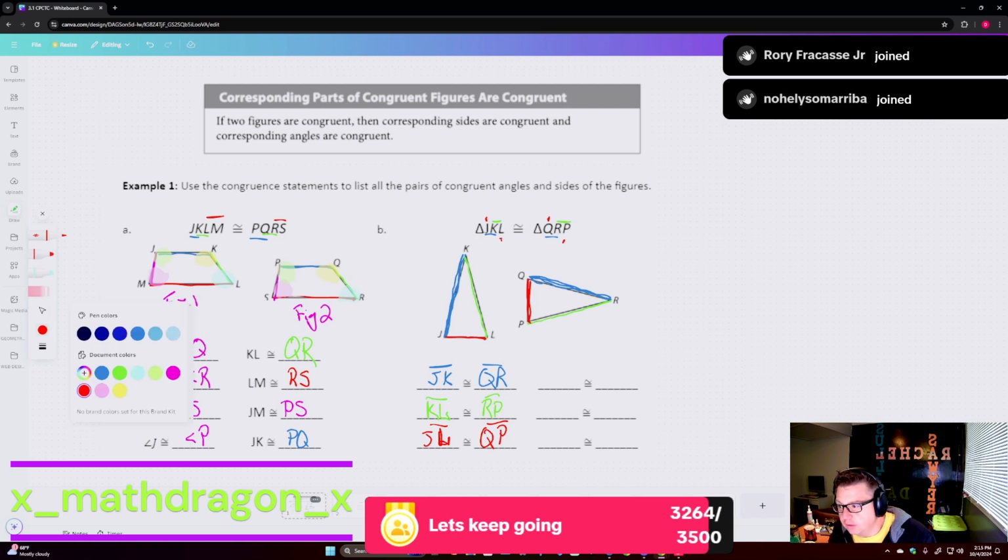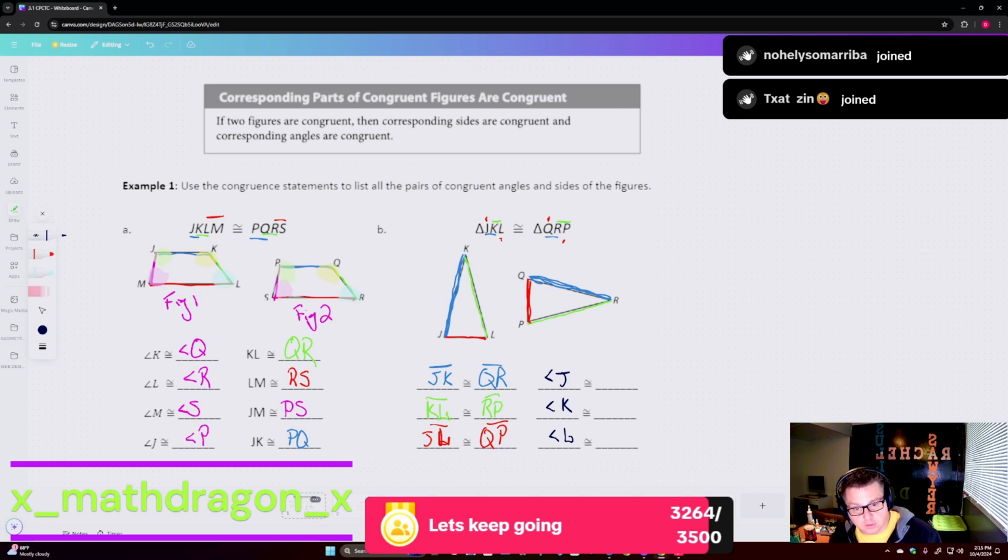And hopefully you can see from the angles, you just use the letters angle J, angle K, angle L. Those are the letters that are written, and it's first, second, third, so go first, second, third. Do yourself a favor. Q, R, P. You won't make mistakes if you follow the letters, okay?